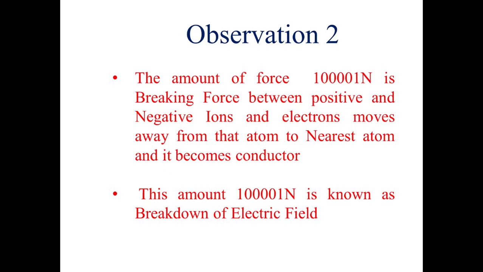Observation 2 is that the amount of force 10,001 is breaking the force between the positive ion and negative ion, and the electron is attracted toward them. Then the electrons move away from that atom to the nearest atom and it becomes a conductor. This amount of 10,001 newtons is known as the breakdown of electric field.